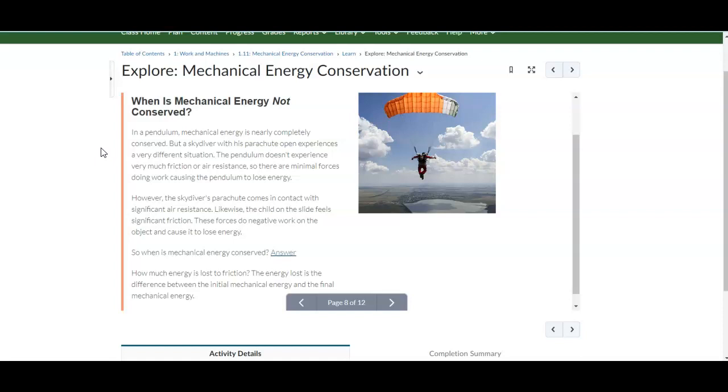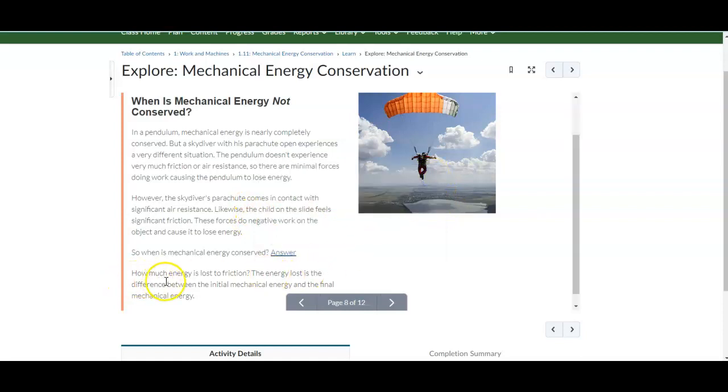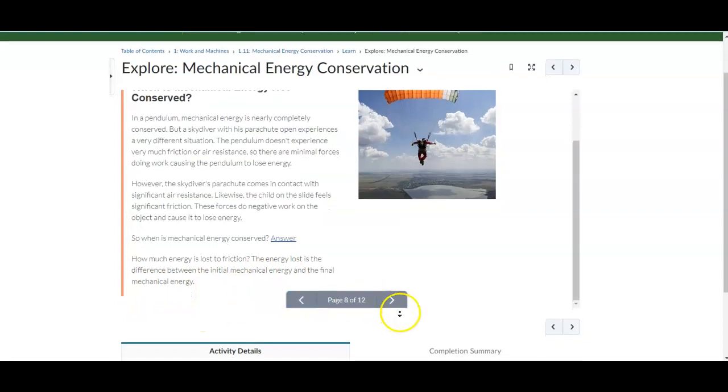These forces do negative work on the object and cause it to lose energy. So when is mechanical energy conserved? It's conserved as long as there is no significant friction or air resistance affecting the object. So that is the exact answer you need to fill in for guiding question 3. So how much energy is lost to friction? The energy lost is the difference between the initial mechanical energy and the final mechanical energy.